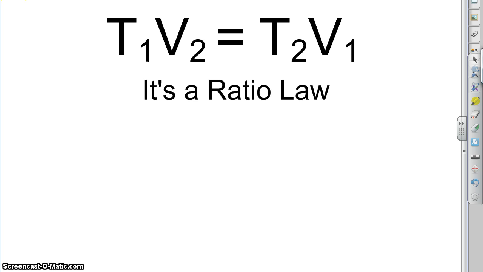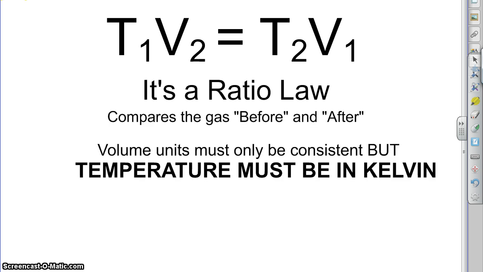So again, like Boyle's law, it is a ratio law. So it has before and after. But unlike Boyle's law, the units for volume do just have to be consistent, they don't matter. But the other unit, temperature, must be in Kelvin.